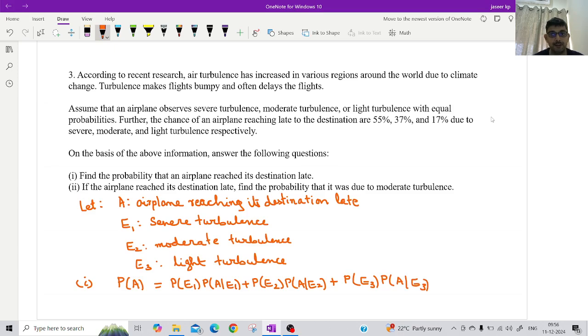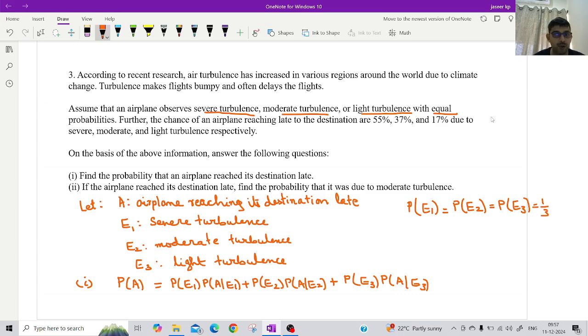Now let us write the probabilities. It is given that severe, moderate, or light turbulence occur with equal probability. So all three have the same probability: P of E1, P of E2, P of E3 equal to 1 by 3.